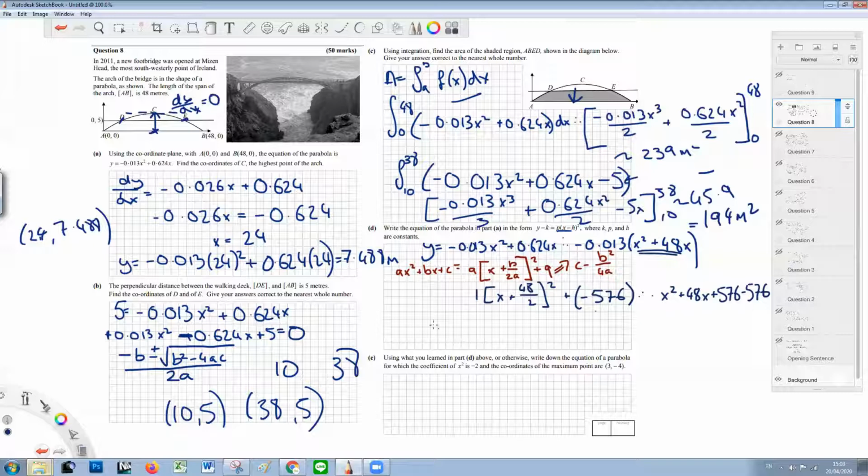And you end up with minus 0.013, all multiplied by this bit, x squared plus 48x. That's a minus actually, right? So this bit is going to be a minus. I apologize for that, because it's minus this, and to get that a plus, you need to have a minus. So it's going to be this.